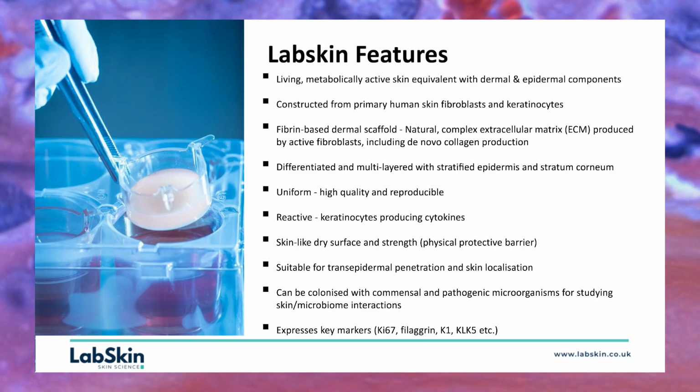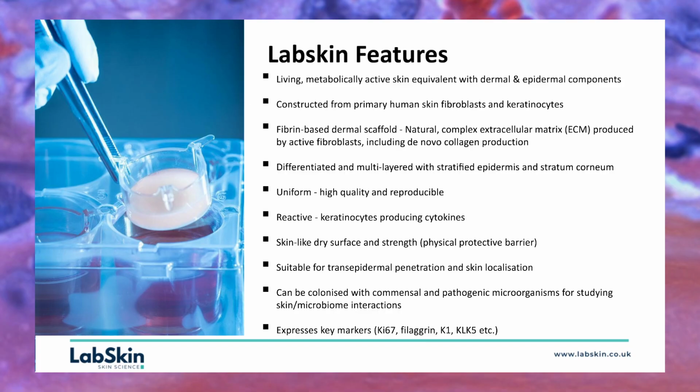Labskin features a living, metabolically active skin equivalent with dermal and epidermal components. It's constructed from primary human skin fibroblasts and keratinocytes. We use a fibrin-based dermal scaffold. So we seed the fibroblasts into this gel layer to create the dermis, and the fibroblasts produce their own extracellular matrix, including de novo collagen.